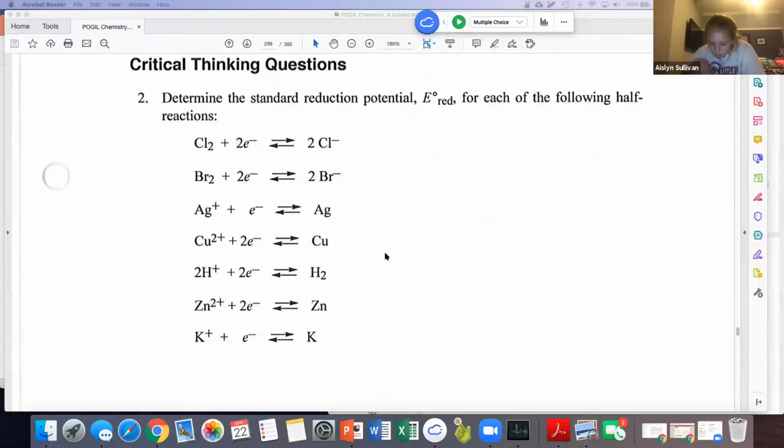So this whole activity was really just to get us to look at a reduction potential and to be able to say whether one has a stronger or weaker pull of electrons, and really to say that that's where all of electrochemistry is based around.